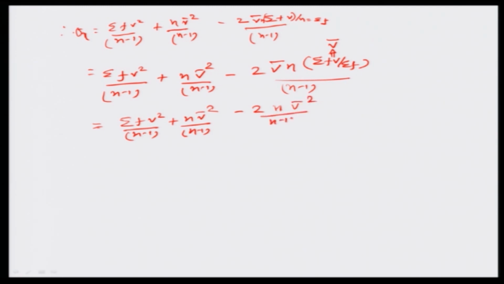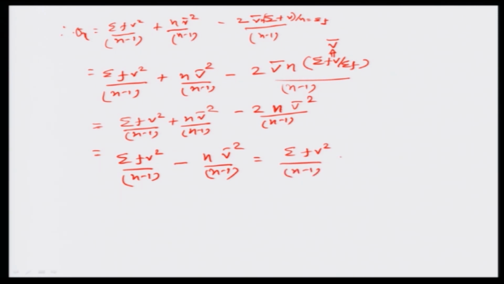divided by n minus 1, and you can actually assemble them together as sigma f v square minus n v dash square by n minus 1, or in other words sigma f v square by n minus 1 minus n times of this v dash value, which is actually sigma f v square by square of n times of n minus 1.